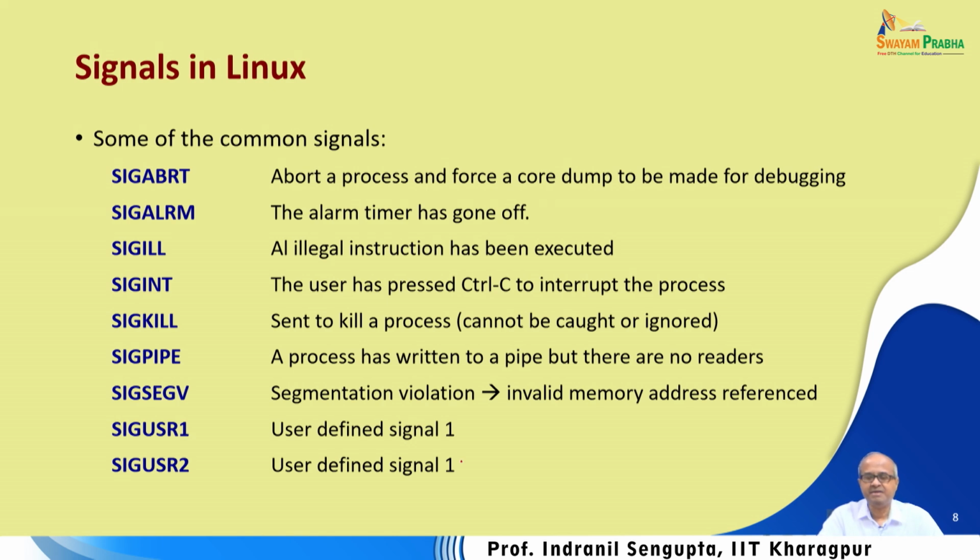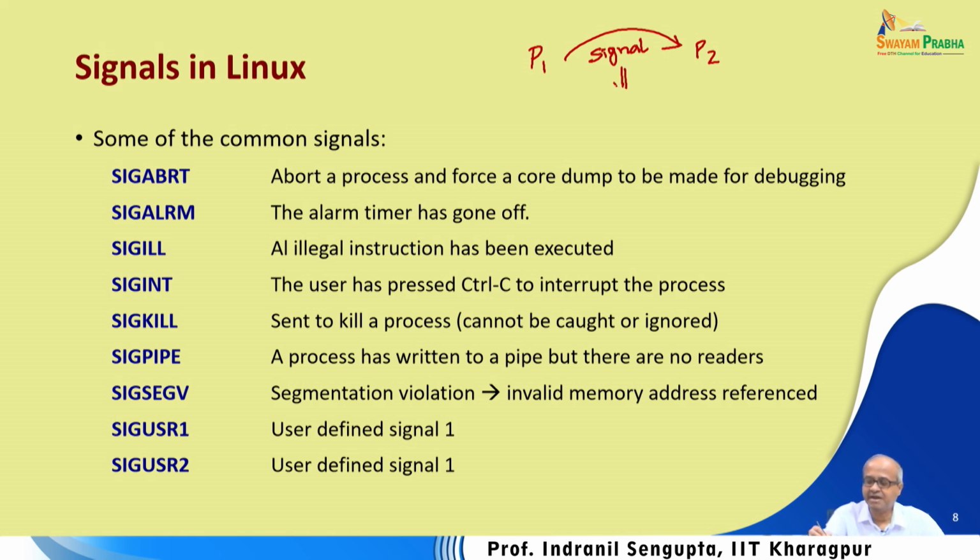Now, I said a process in Unix can send some so-called signal to another process. Like you have a process P1 and a process P2, and P1 can send some signal to the other process.